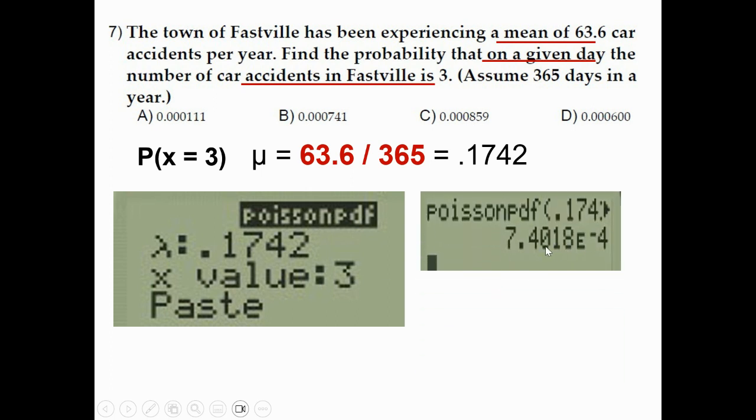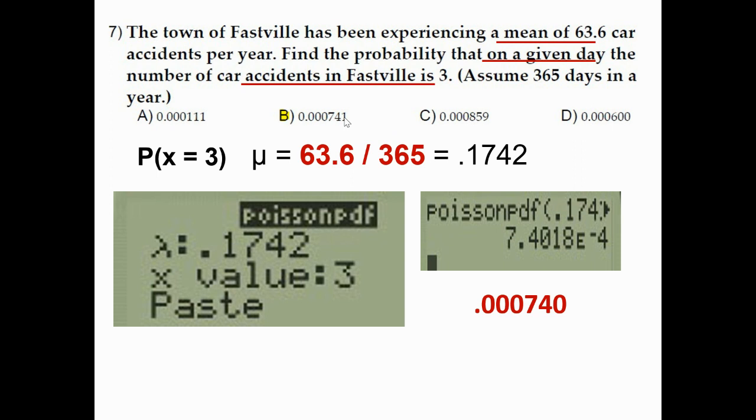Excuse me, my calculator returns scientific notation, but e to the negative 4 means move the decimal point to the left, in this case 4 places, which puts 3 zeros prior to the 7. Now notice the other answers are off just a smidgen; nothing else is even close. But here again, I'll emphasize, before I started this problem, I realized that all the answers had 6 decimal places.